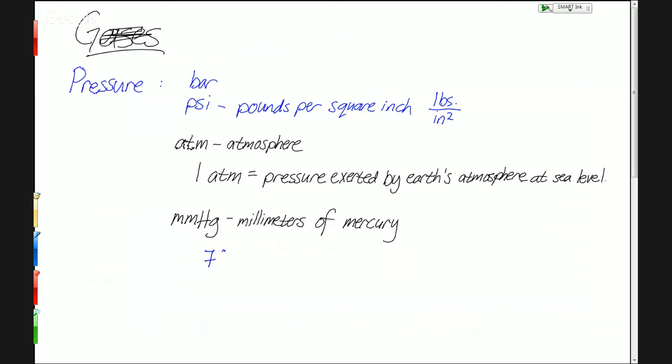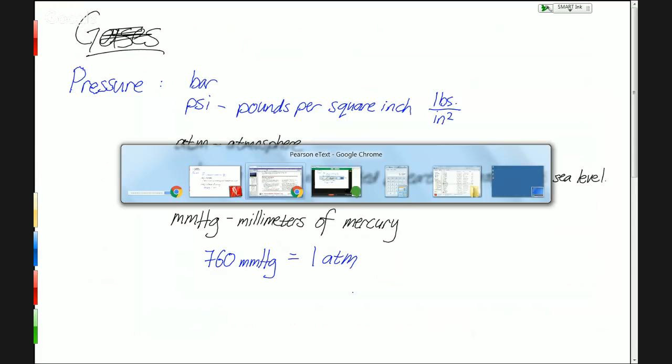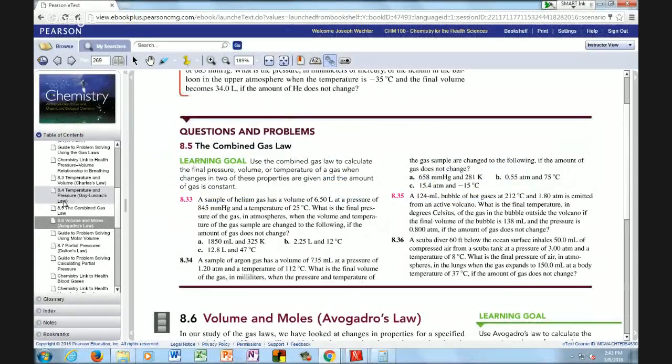Well, we can convert it. There are 760 millimeters of mercury in 1 atmosphere. And the reason this is a pressure unit has to do with a device, actually, that we're going to look at.